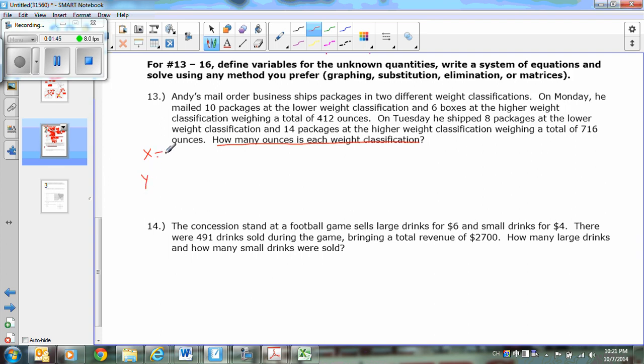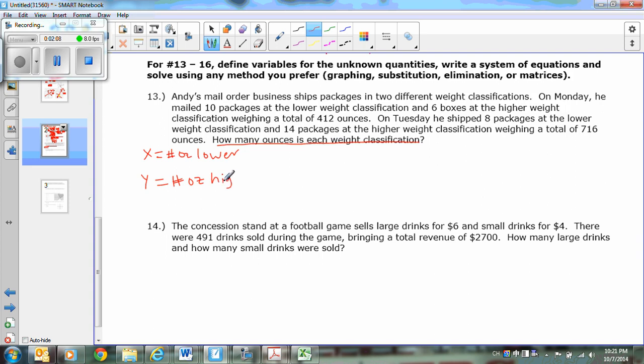Let's let x be the number of ounces in the lower weight classification, and then let's let y represent the number of ounces in the higher weight classification.